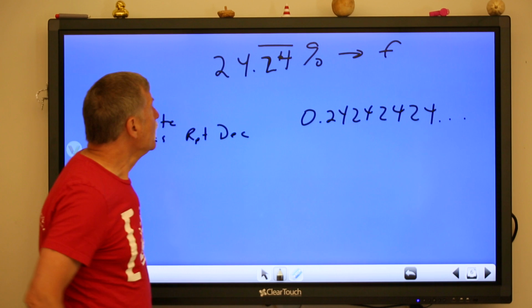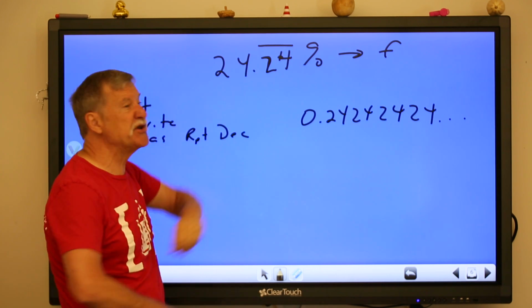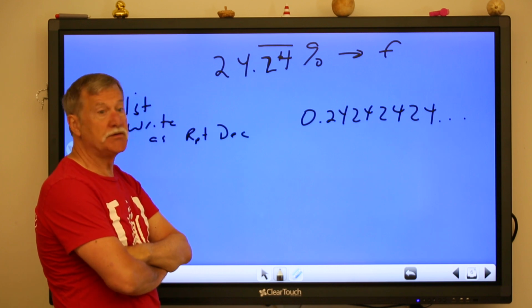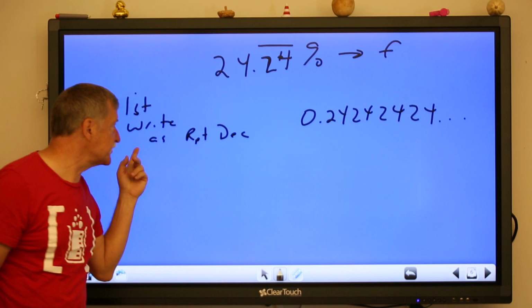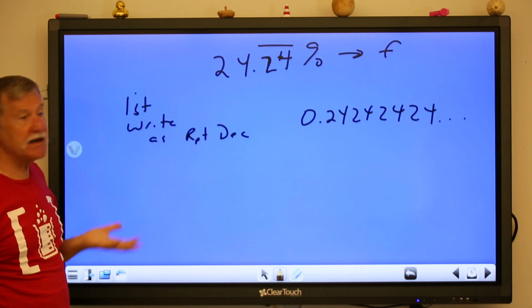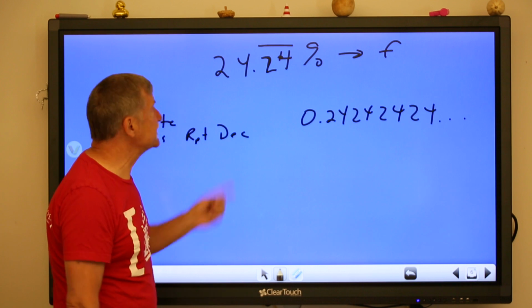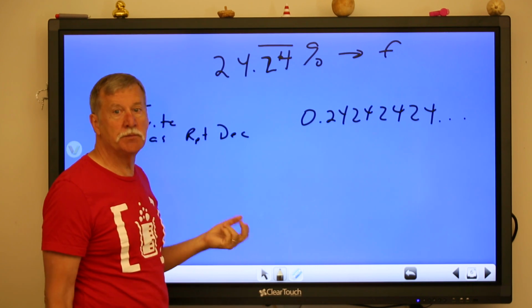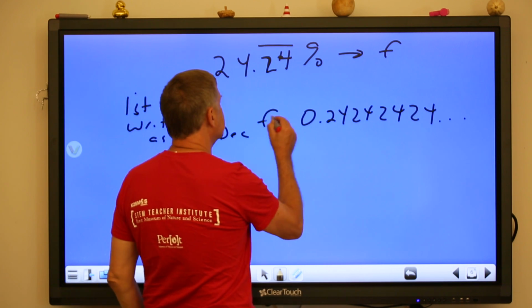All right. We can do this with percentages as well. 24.24% with a bar over the 24. There's just one extra step, and that is first write the percent as a repeating decimal. And you know that to change any percent to a decimal, you move the decimal point over two places to the left, which gives me a repeating decimal of this.